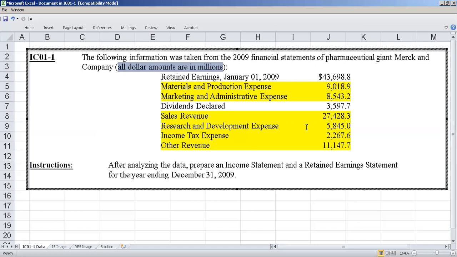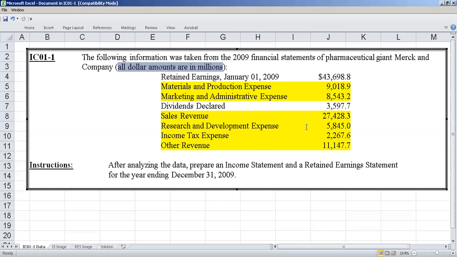They had 27,000 in millions. What's another word for 27,000 million? Anybody? 27 billion? $27 billion in sales back in 2009 for Merck. That's a lot of sales. That's a lot of drugs.